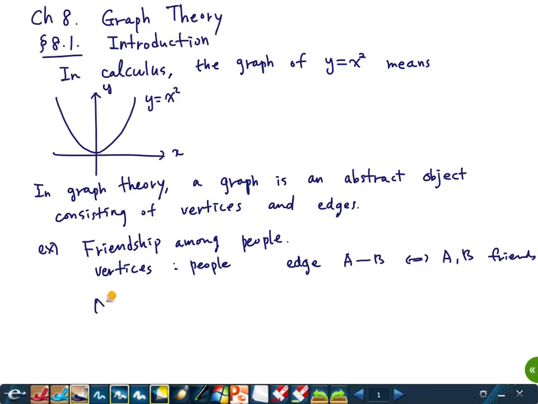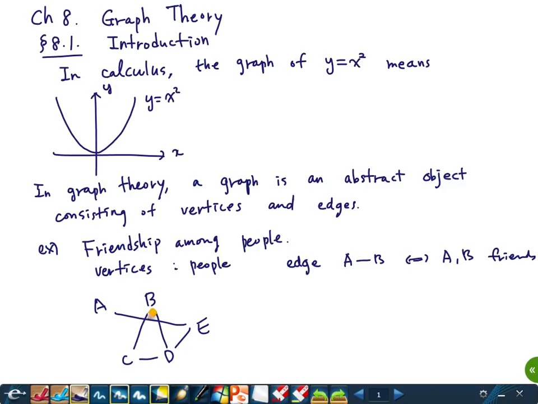So for instance, suppose we have people like this, A, B, C, D, E. Each letter or vertex represents a person. And let's say B and C are friends of each other, and like this. This is one situation where A, B are not friends, A, D, A, E are friends, things like that.